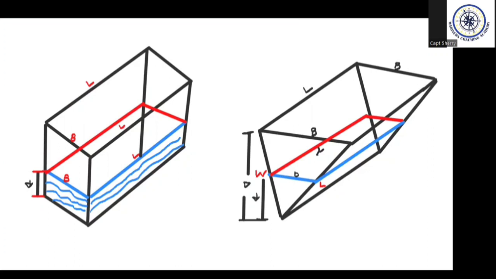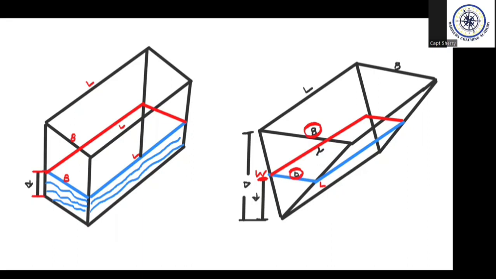if I am considering small d, which is the draft where I've just drawn the water plane area, and I compare it to the bigger draft, look at this breadth and this breadth, they are different, right? Correct?